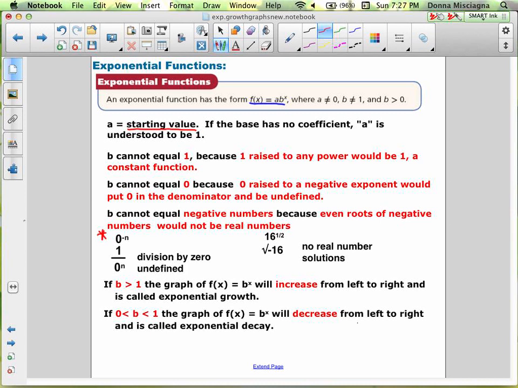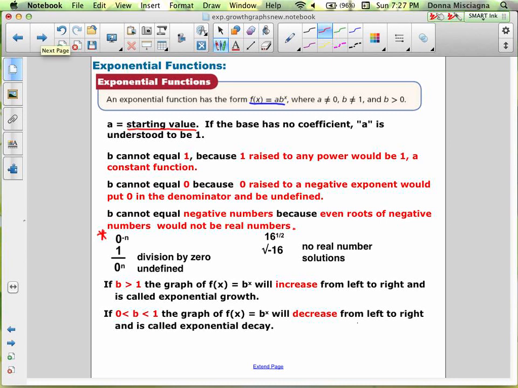That's undefined. And finally, b cannot equal negative numbers because even roots of negative numbers would not be real numbers, right? They would be complex numbers. And we will not be dealing with complex numbers when it comes to exponential equations. We dealt with complex numbers with quadratic and polynomial, but not with exponential.